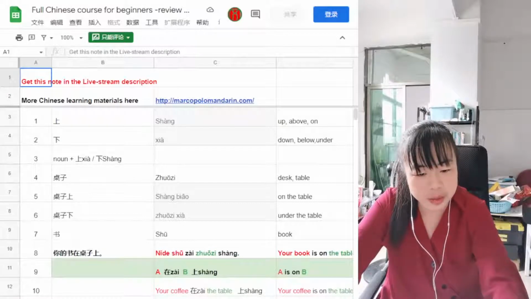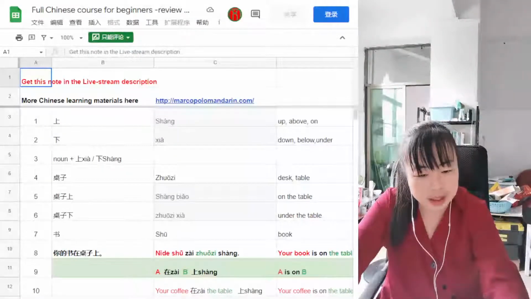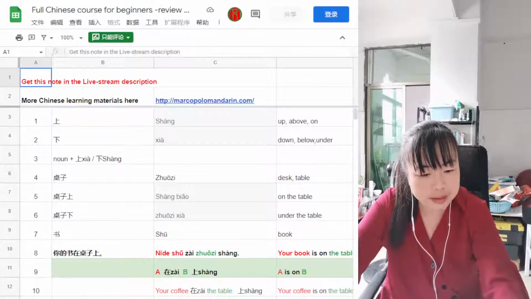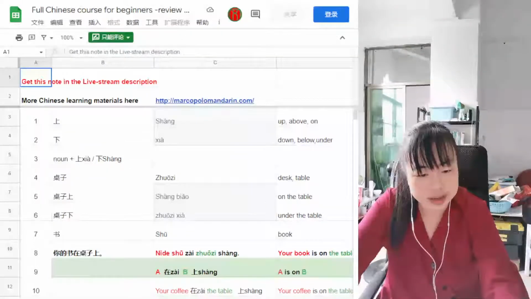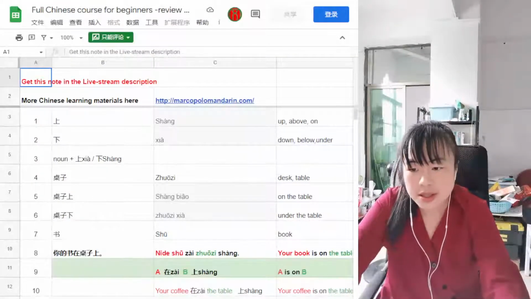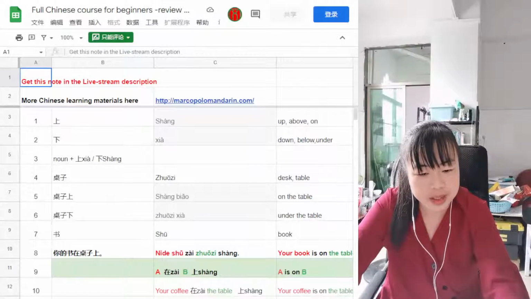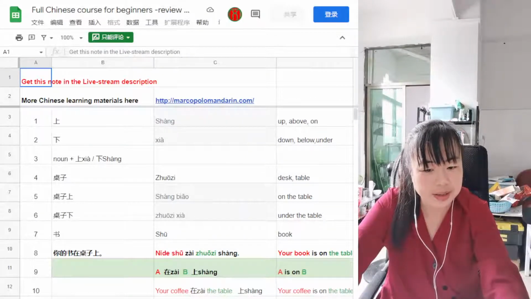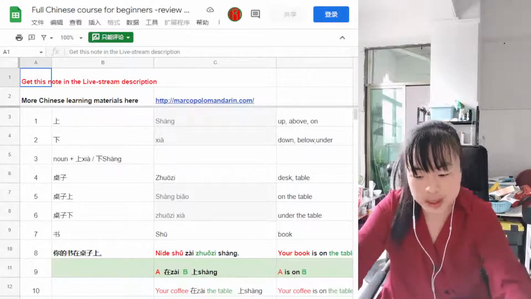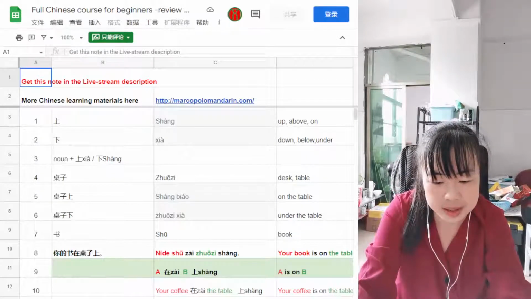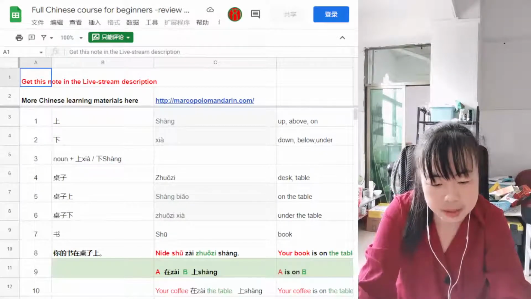And then the green part is 饭店. 外 or 外边, this is optional. Okay, so this is the sentence. 我的电脑在饭店外 or 我的电脑在饭店的外边. That's it.